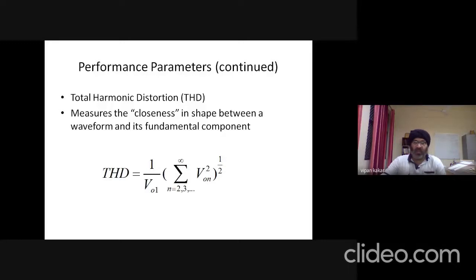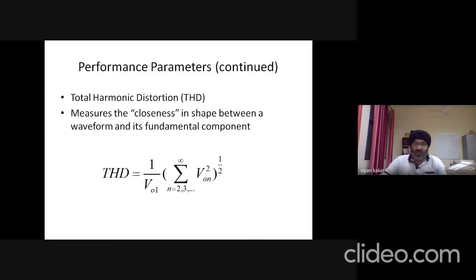If the fundamental component and the total waveform have almost the same shape, we can say that the harmonic content is negligible in this particular design, which is very good.